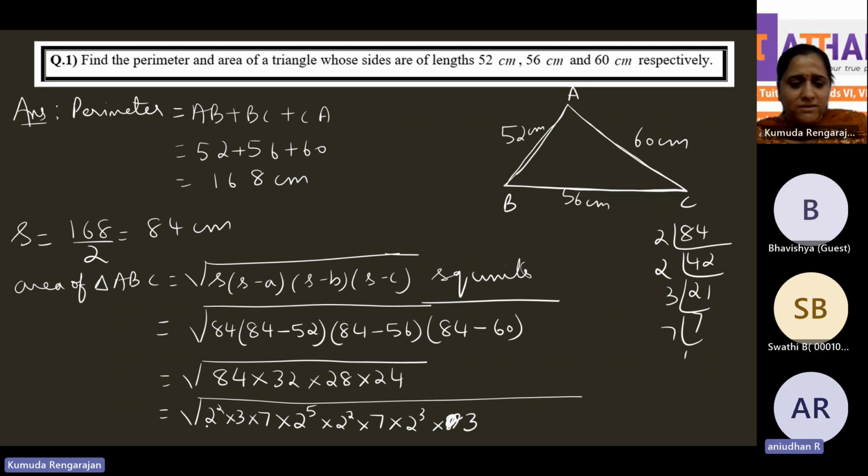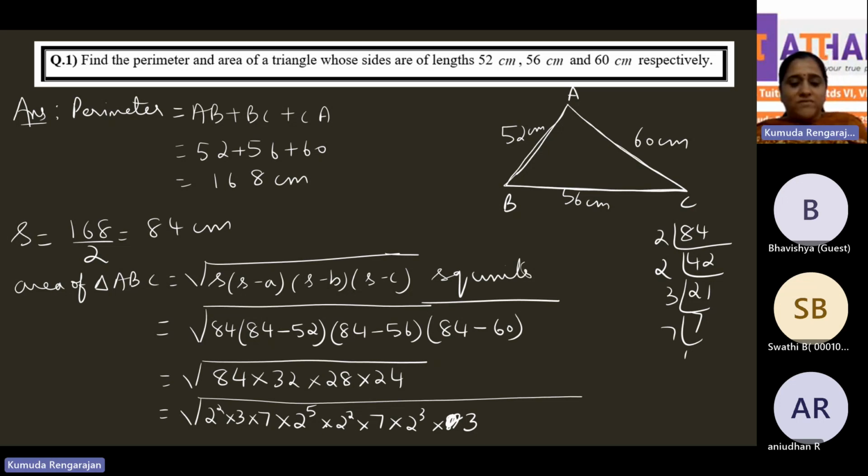Ma'am, I will tell the order, you just check. I wrote it, ma'am. 2 into 2 into 7 into 3 into 2 into 2 into 2 into 2. Yeah. 5 2s. Then 2 square. Then 7, 7, 2 cubed and 3. Okay, and then 3. Oh yeah, I missed this 2 square here.